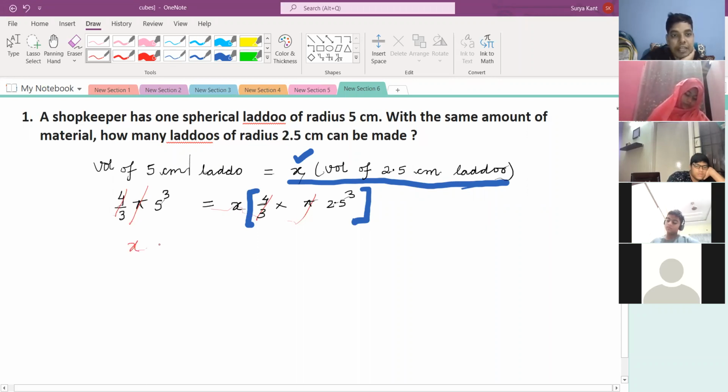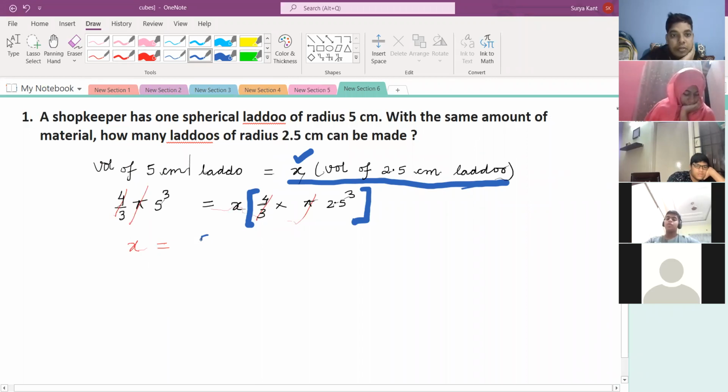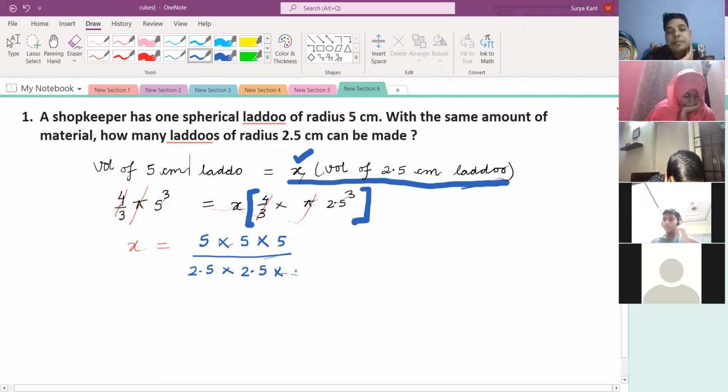So X is equal to 5 into 5 into 5 divided by 2.5 into 2.5 into 2.5. You'll get the answer as 8, right? Is it clear? 8 laddus.